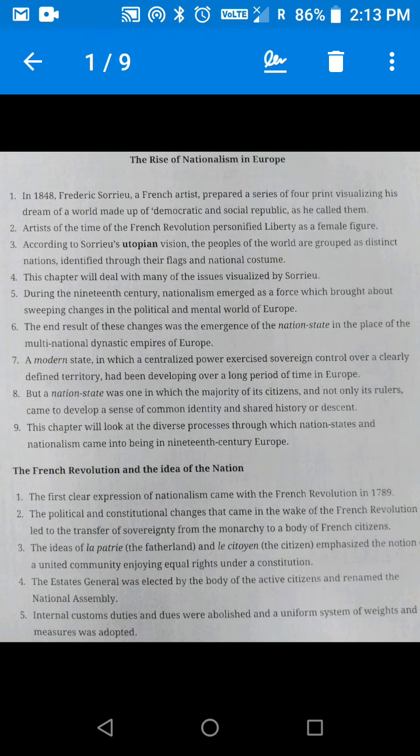A modern state, in which a centralized power exercised sovereign control over a clearly defined territory, had been developing over a long period of time in Europe, but a nation state was one in which the majority of its citizens, and not only its rulers, came to develop a sense of common identity and shared history or descent. And the last one, this chapter will look at the diverse process through which the nation state and nationalism came into being in 19th century Europe.